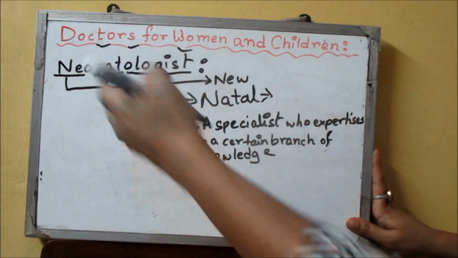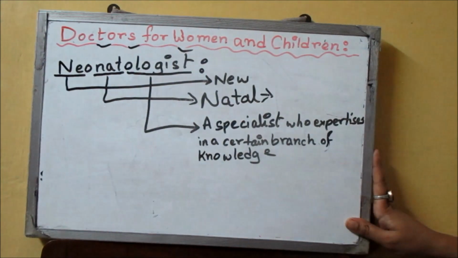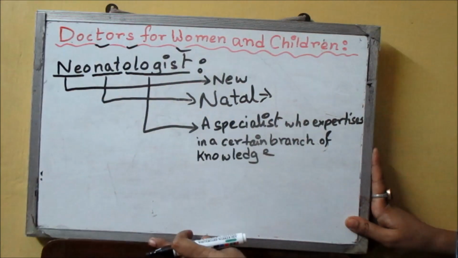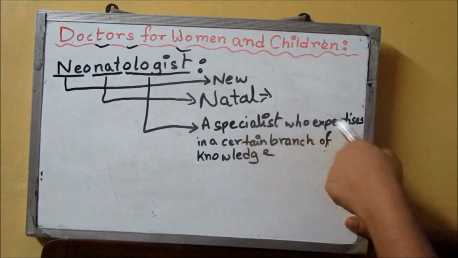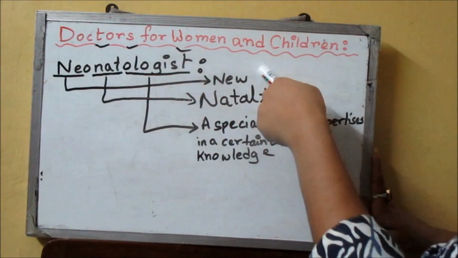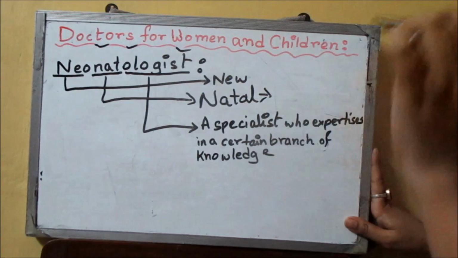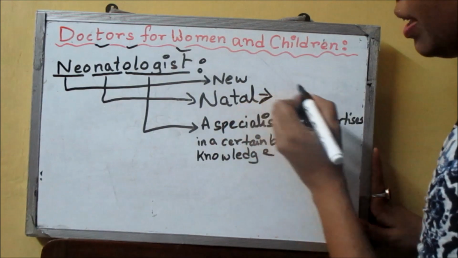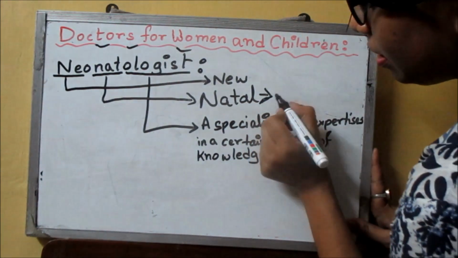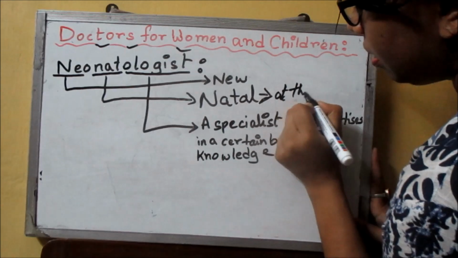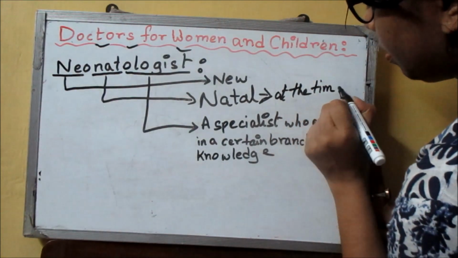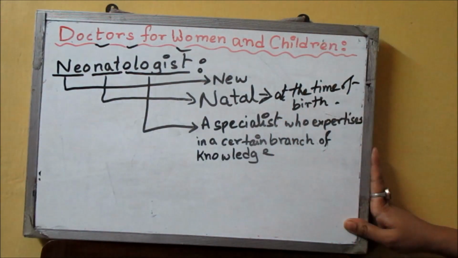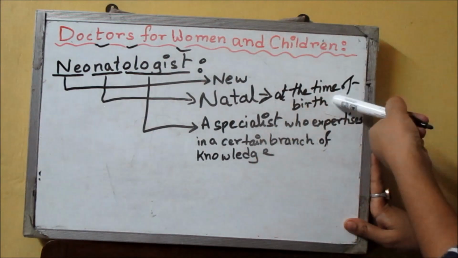So basically the neonatologist is a specialist in dealing with the new natal, right? What is the meaning of the word natal? The word natal means at the time of birth.